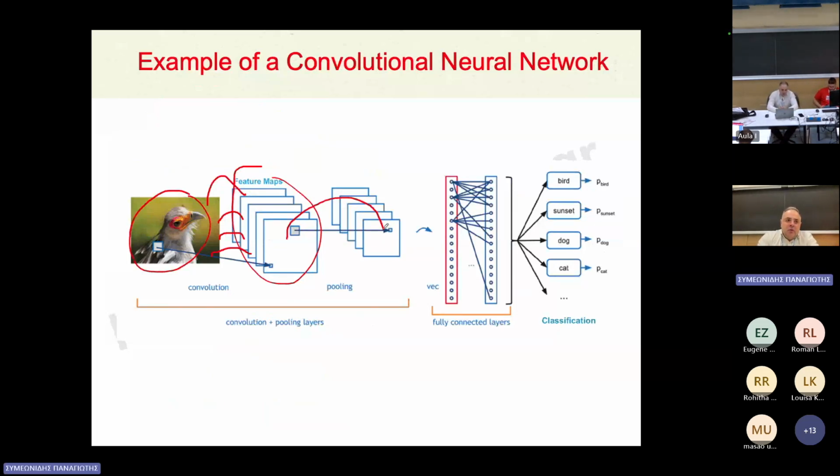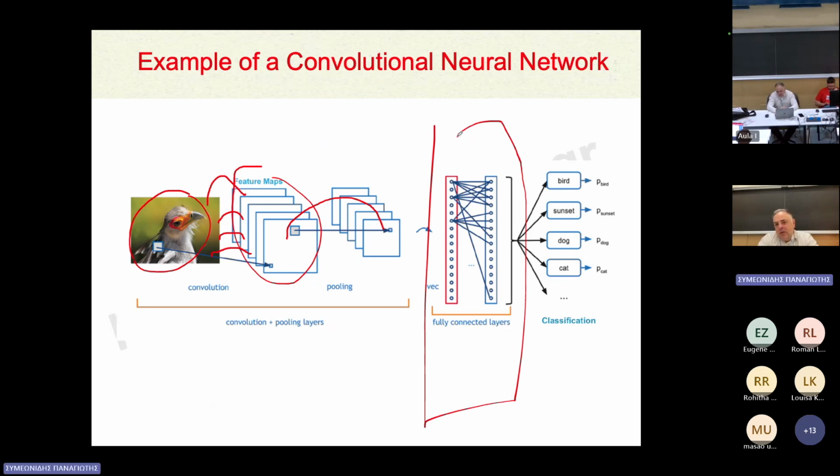Of course, there are different ways of subsampling, like aggregating this information, getting the highest value, or making an average of the values, etc. And after this, we can see here there are fully connected layers.